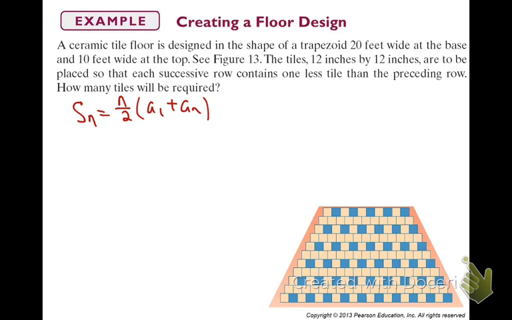What are they telling you right there? That's your what? A1. And 10 feet wide at the top. What are they telling you there? It's the 10 is your what? Your end. Yes. So I'll do M over here. Base of M is 10. Okay.